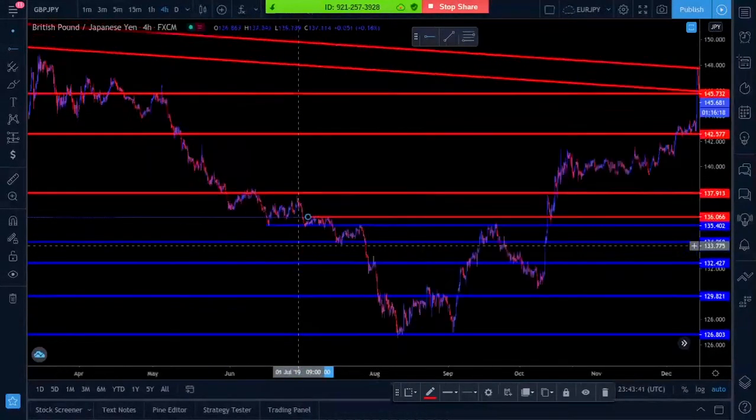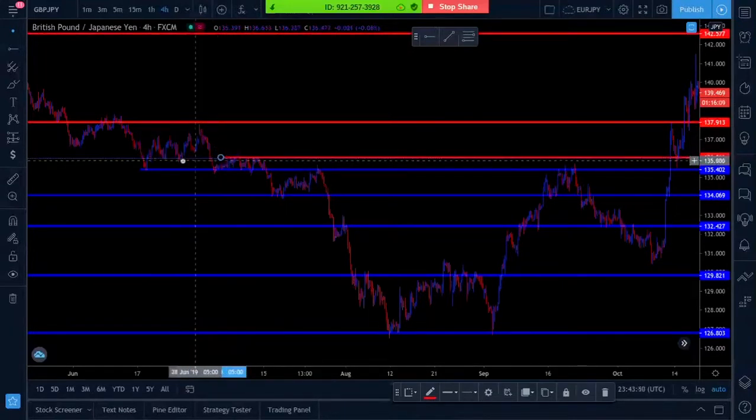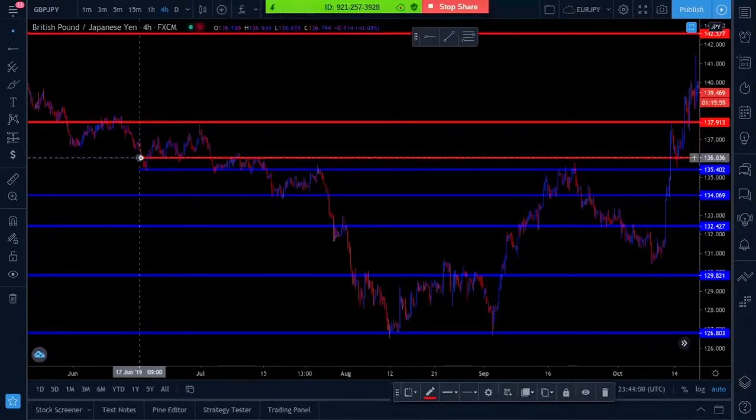Because price was consolidating right here. I looked to my left, and prior to it being resistance, it used to be support. So let me scroll this a little bit back. And as you guys can see right there, it was support, support, support. It decides to break. Now it becomes resistance.